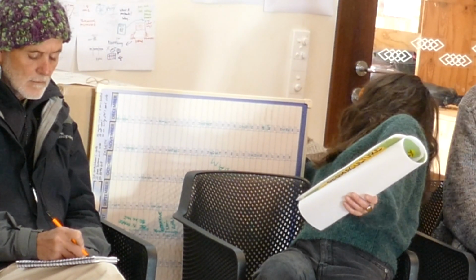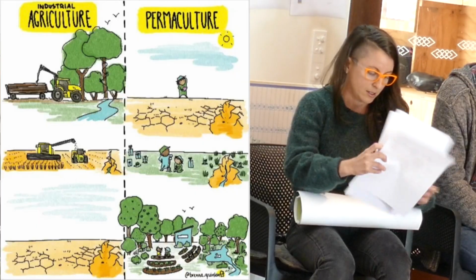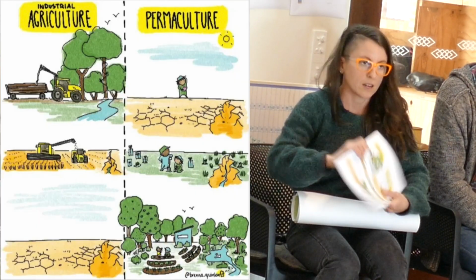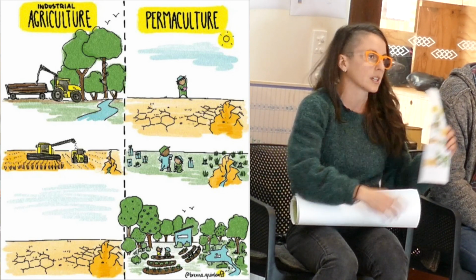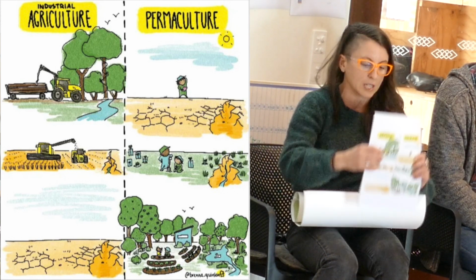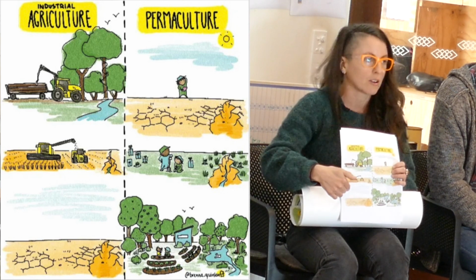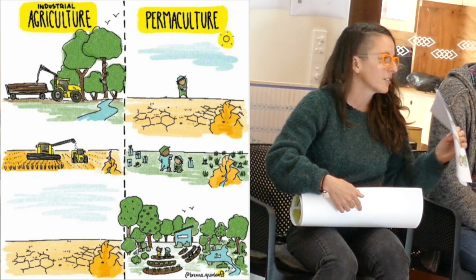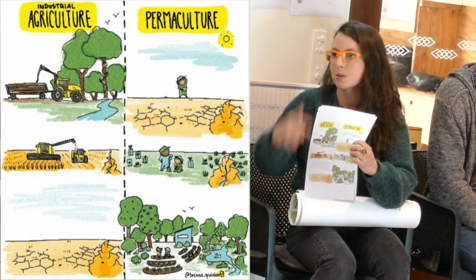Great. I was just going to say, you could use one poster to teach many different subjects if you use it in the right way. I've seen it done actually. What is it? I mean, this is obviously a small poster, but what's happening in this image, agriculture on one side, quite extractive, permaculture on the other, restorative.